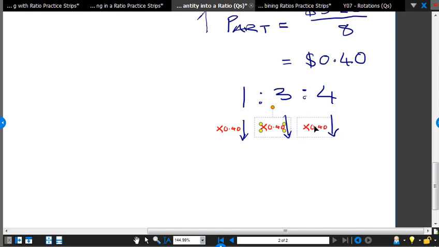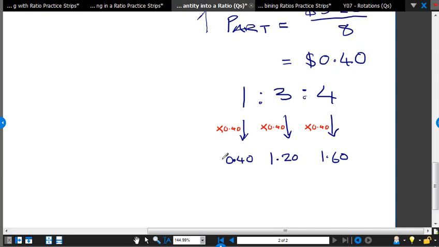Just like we did the last time, because we know each part is valued at $0.40 or 40 cents. So 1 times that is obviously 0.40. 3 times that is 1.20. And 4 times that is 1.60.